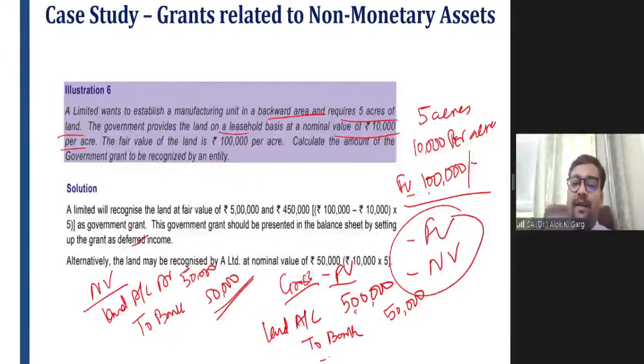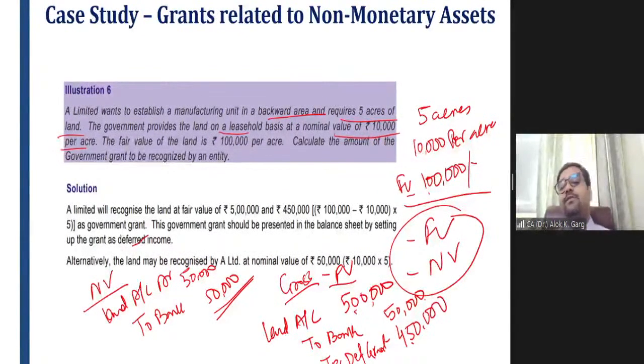So how much benefit has the company received, to deferred government grant? 90,000 rupees per acre benefit has been received. The fair value is 5 lakh rupees. The company has paid 50,000 rupees. It means the value of the grant is 4,50,000 rupees. Clear? Is it clear, guys?